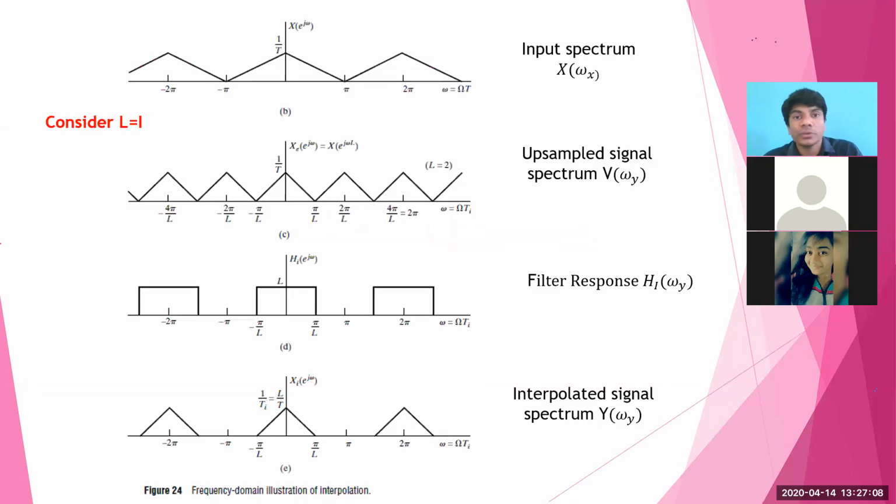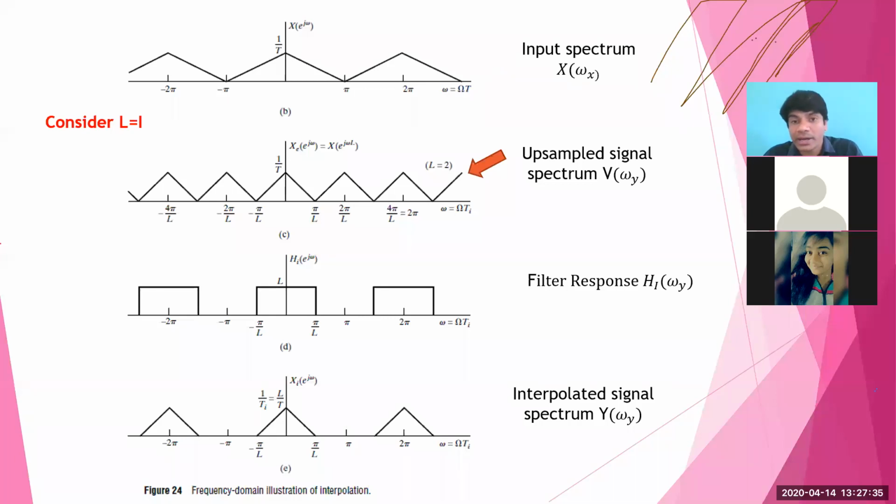Now, let's look at one example, which I have pulled from the internet. In this particular example, they are using the notation L for interpolation instead of I, so just keep that in mind. Here, this is our input signal spectrum. Now this is the spectrum of the upsampled one.